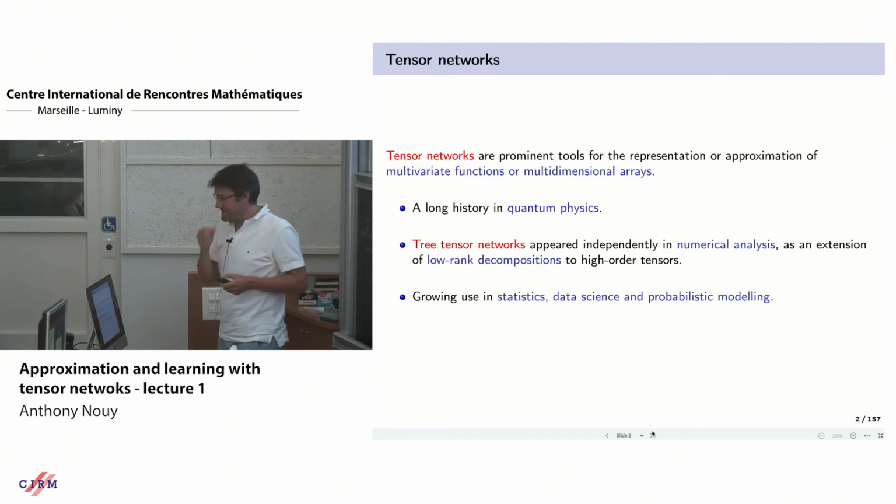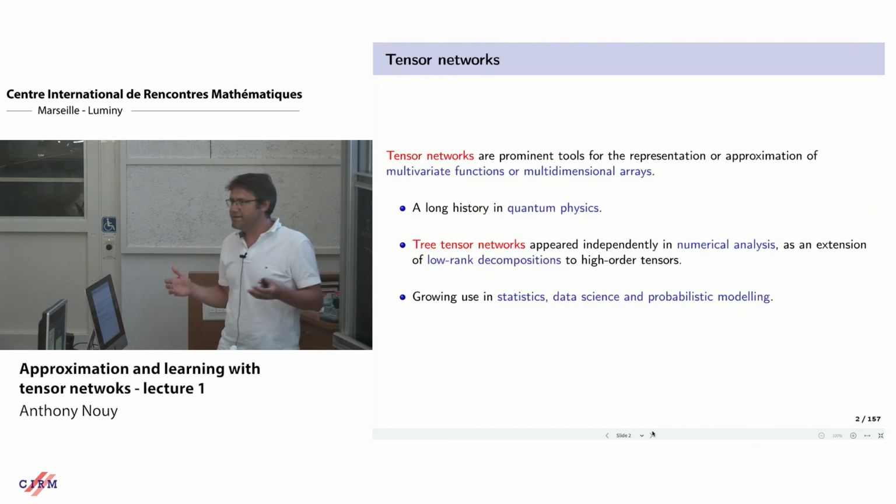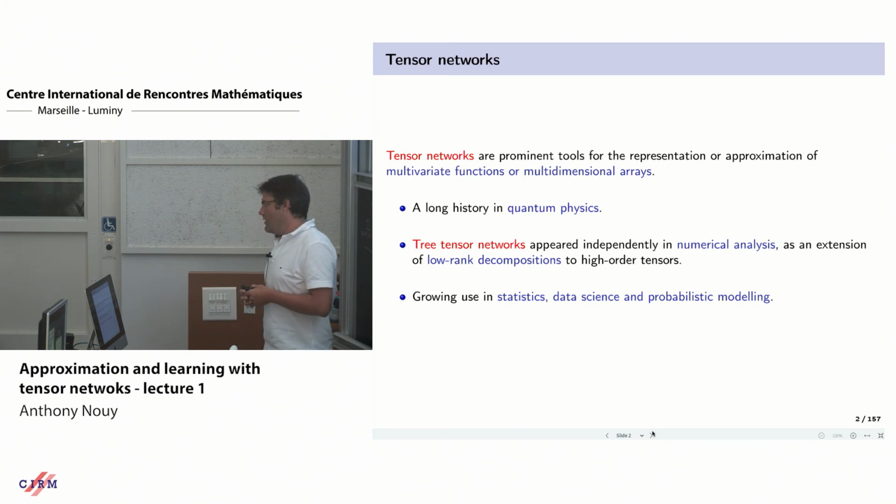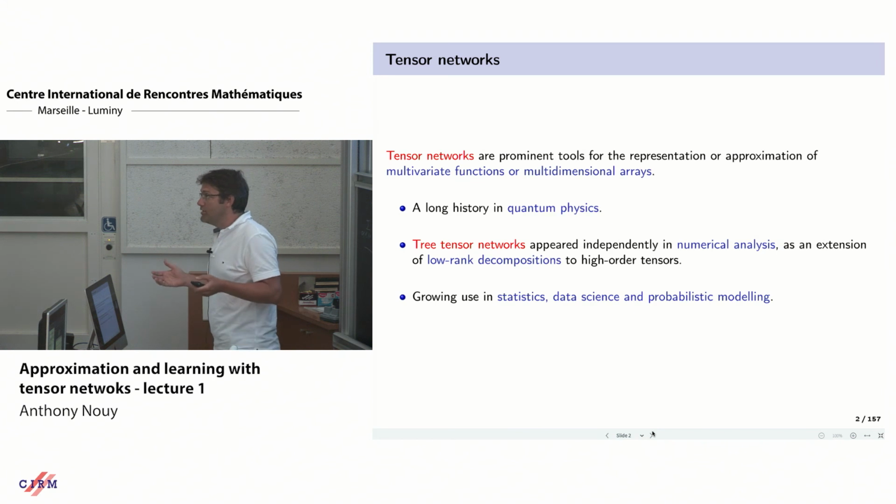Maybe you have heard this name. It comes from different disciplines where you have problems involving multivariate functions or multidimensional arrays. So it has a long history in quantum physics. These objects appeared first in this discipline, involving very high-dimensional problems for the representation of complex systems.